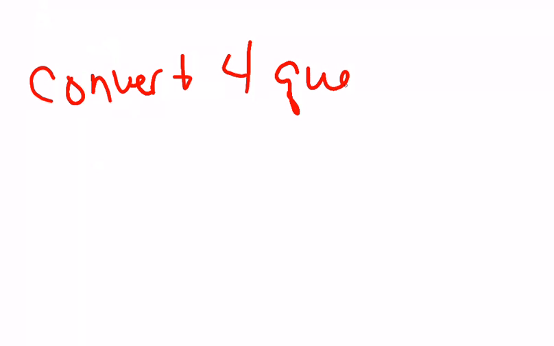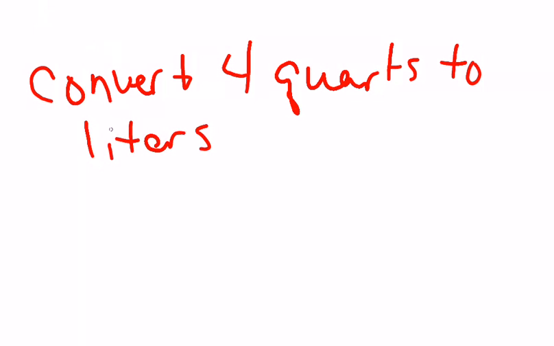We can also do it with volume. There are volume measurements that we want to be able to convert between. So let's look at an example. Convert 4 quarts to liters. And they put this in parentheses saying these are dry.